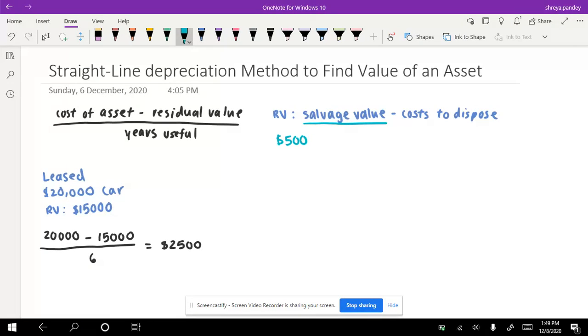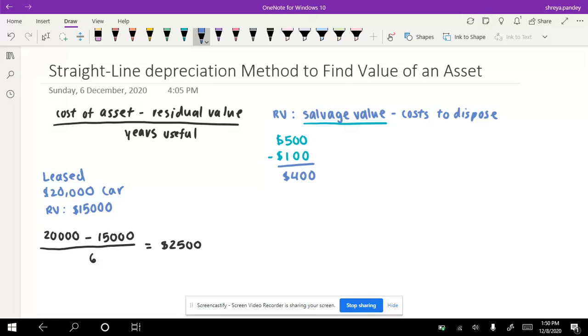But let's say that it also costs $100 to dispose of the car, maybe to transport it, maybe just to move it to the junkyard. And this would mean that our residual value is now only $400 because the $100 was for transportation.